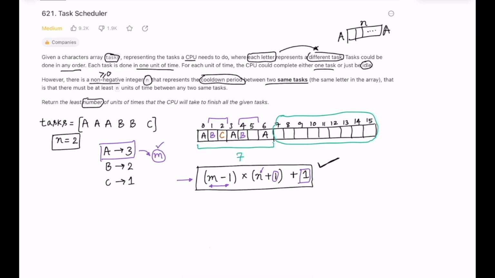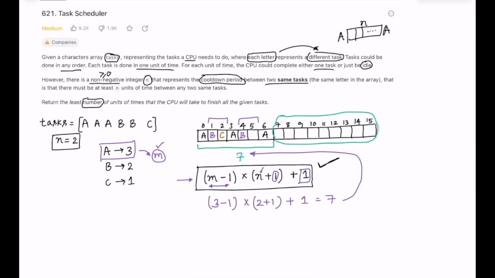So this is the amount of time needed. So let's plug in M equal to 3 in this formula. So it's 3 minus 1, N is 2, 2 plus 1 plus 1 is equal to 7, which is the same number we got using the brute force approach.